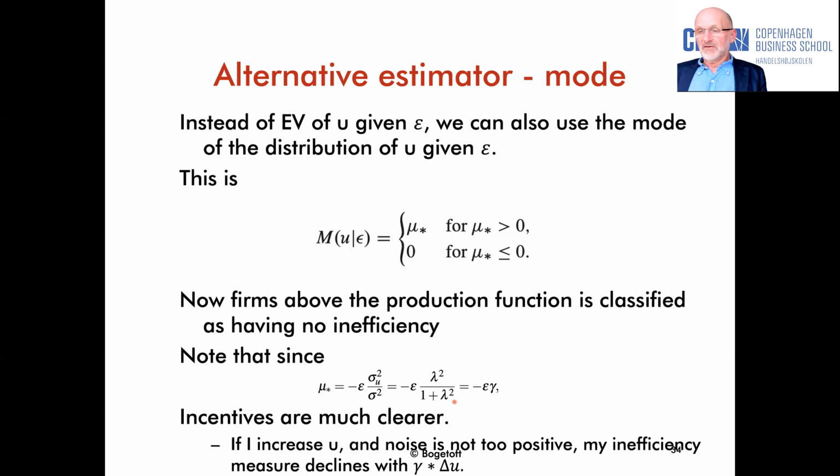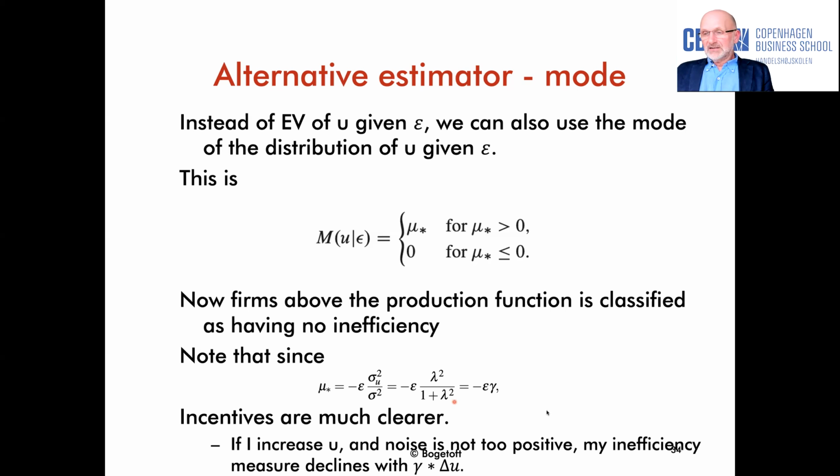slack. So if I spend $100 extra, and gamma is 1/2, then it will say, okay, we estimate that he has introduced $50 extra of slack, and then you can penalize me for that.